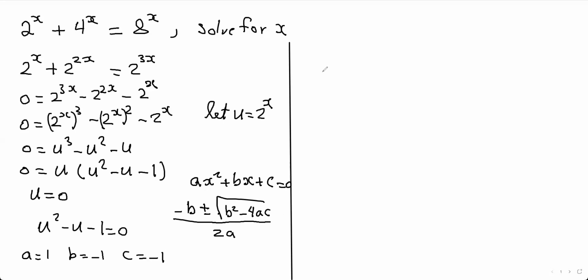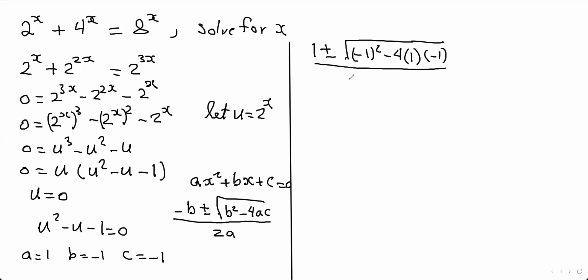Now I'm going to start plugging these values into my quadratic formula. So b is negative 1, and we have negative b, so negative and negative 1 will be just positive 1, plus or minus b squared, so just negative 1 squared, minus 4 times a, which is 1, and c, which is negative 1, all over 2a, and that's just 2 times 1.